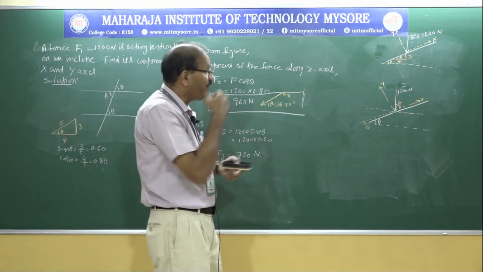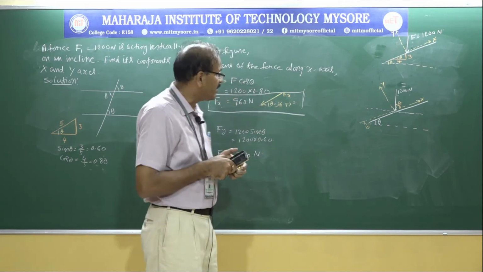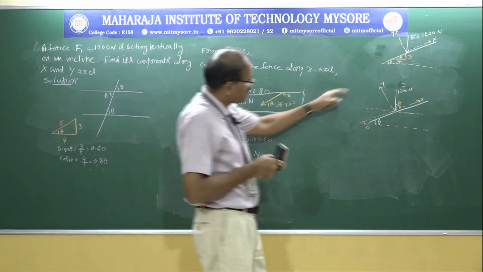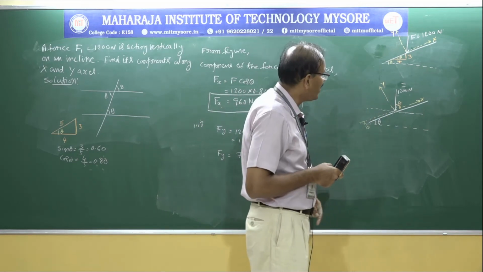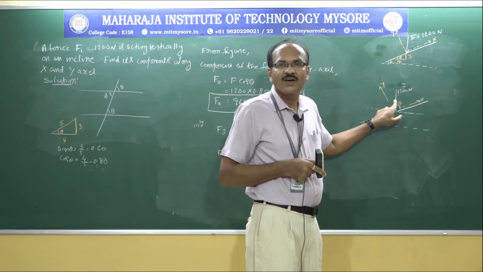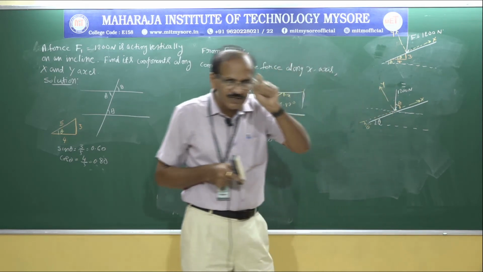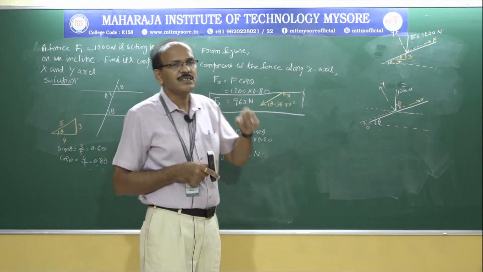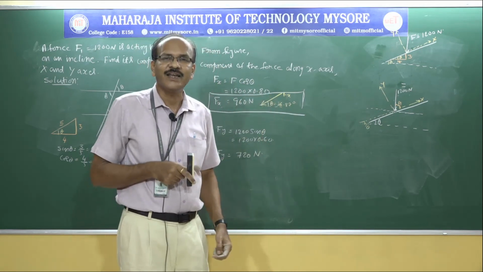You can reference the angle with respect to the horizontal or with respect to the vertical. If you take this, this angle will be how much? 90 minus theta. So 90 minus 36.87 is equal to 53.13 degrees.